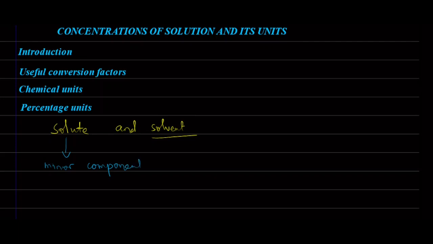While the solvent is always in large quantity. Due to this, we call it the major component of the solution. Because of its larger portion present in the solution, its state determines the state of the solution. What does this mean?